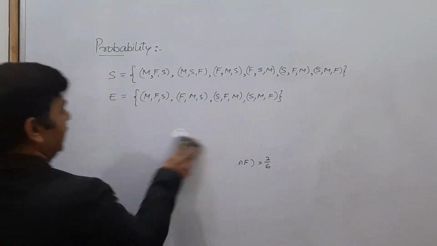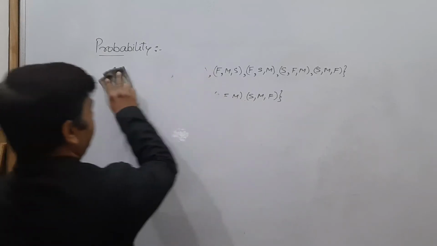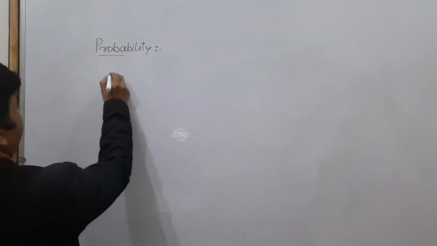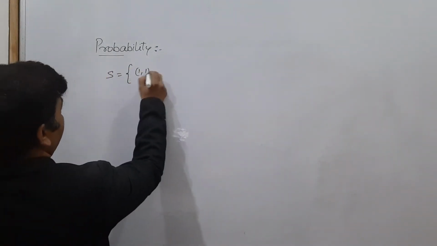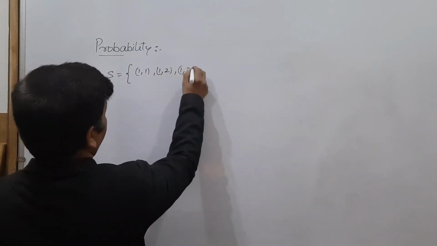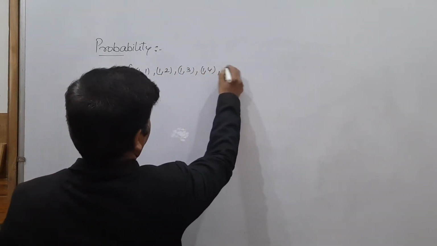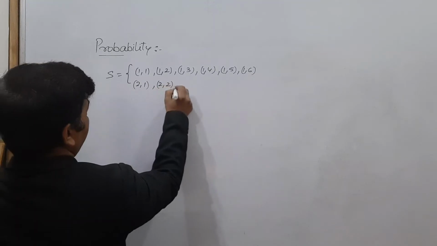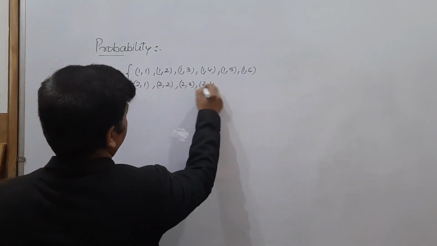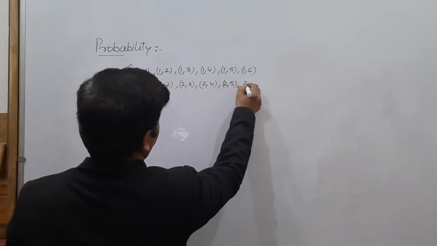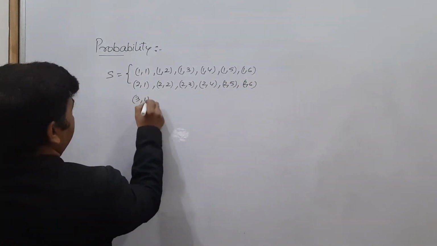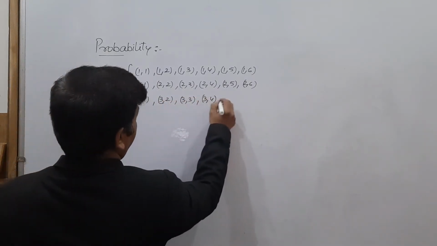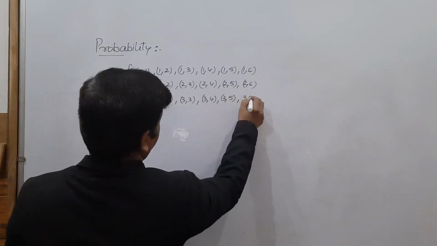First of all, we have to write down the total number of outcomes whenever the black die and red die are both rolled. So the number of sample spaces will be 36. It may be 1 1, 1 2, 1 3, 1 4, 1 5, 1 6. The second case may be 2 1, 2 2, 2 3, 2 4, 2 5, 2 6. Next will be 3 1, 3 2, 3 3, 3 4, 3 5, and 3 6.